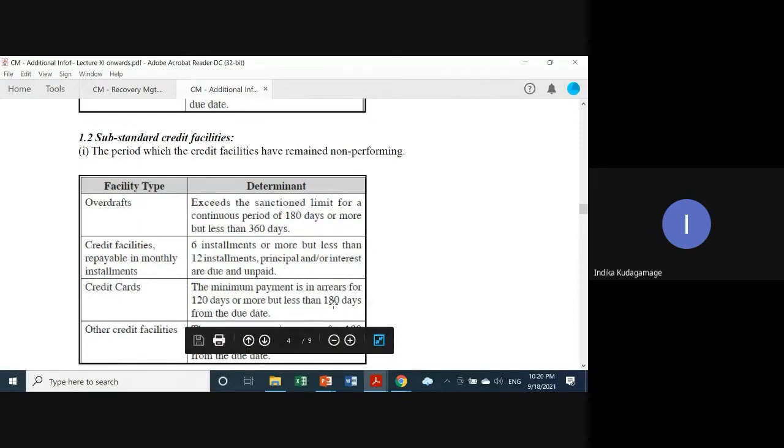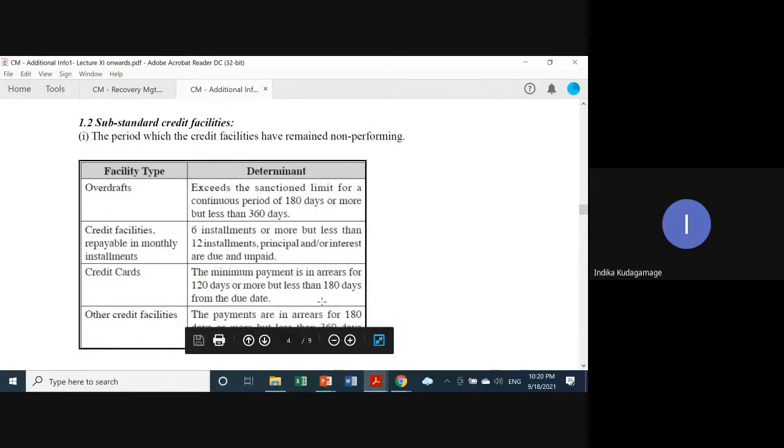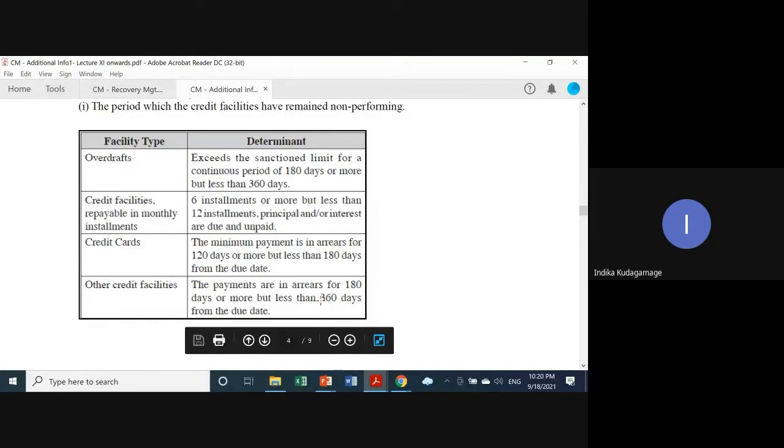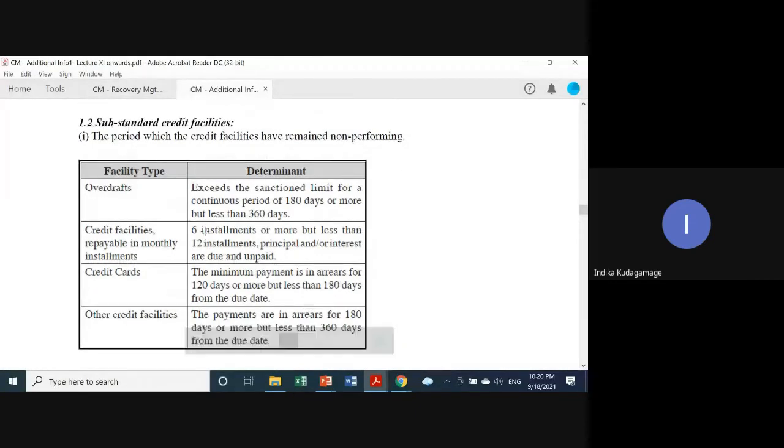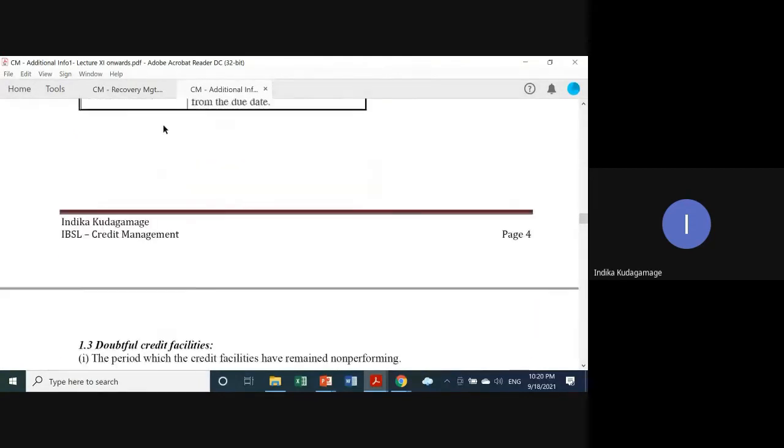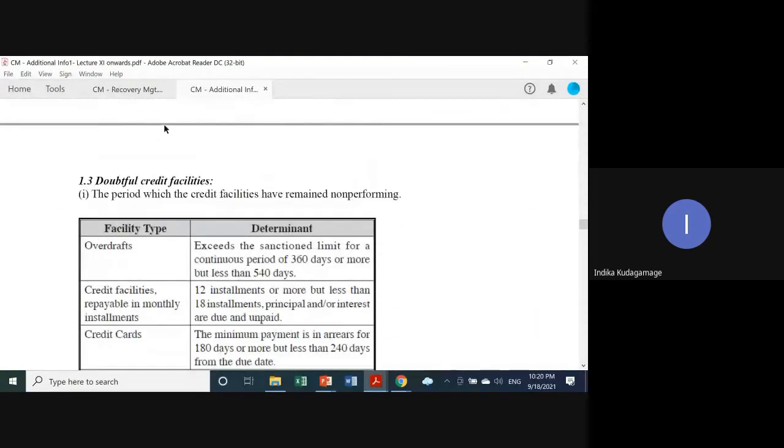Credit card is 120 to 180, another 6 months, so it is specially substandard. Then we go to the third category, called doubtful. It is 360 to 540, another 6 months, right? A 6-month basis is going on.